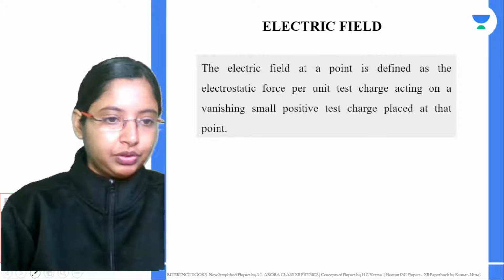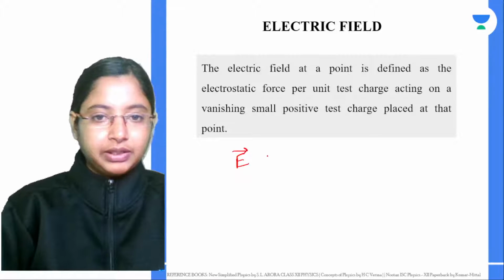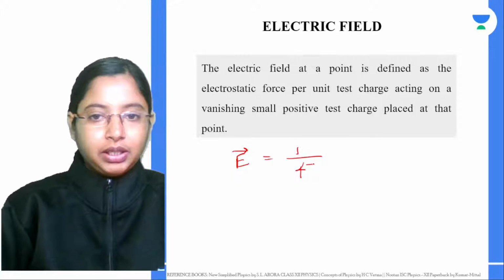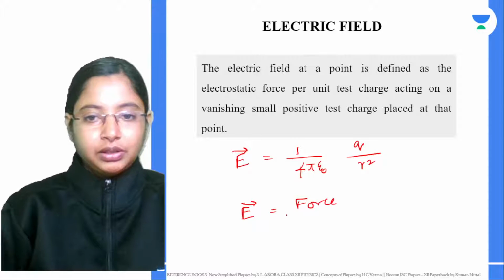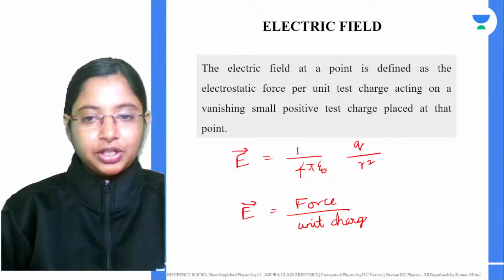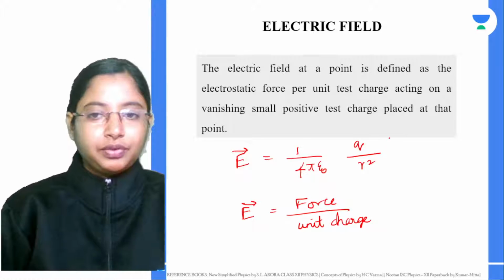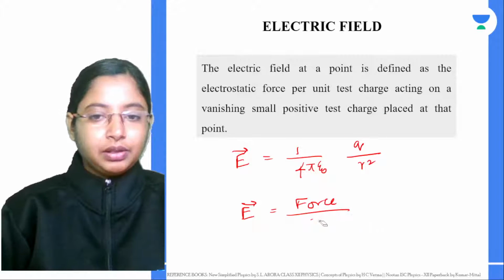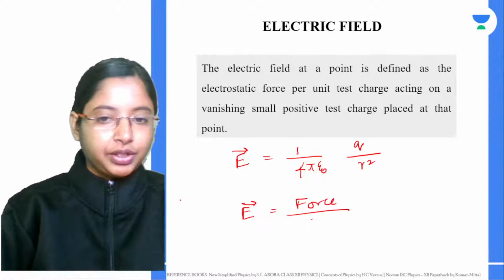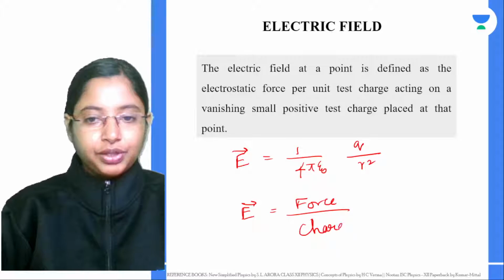It is given by 1 by 4 pi epsilon naught Q divided by R square. So the electric field is basically nothing but force per unit test charge, the test charge that you're introducing. Force per charge also gives you the electric field.